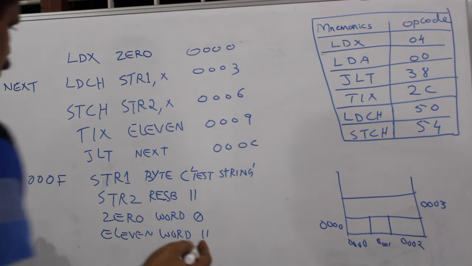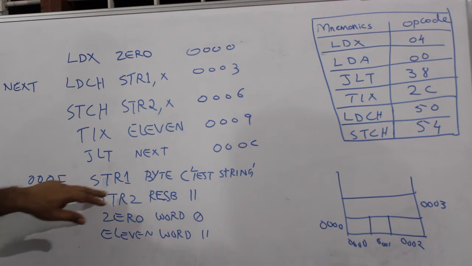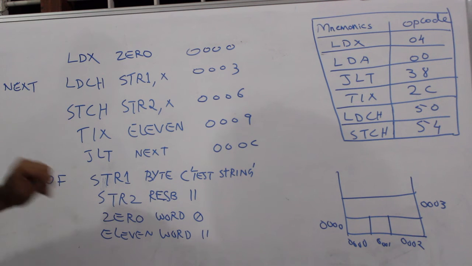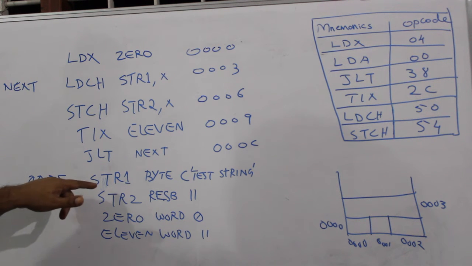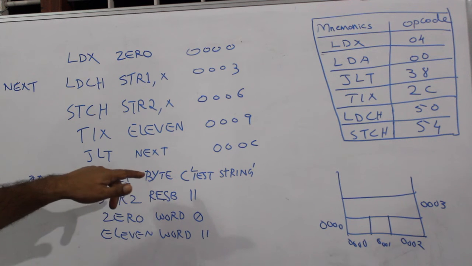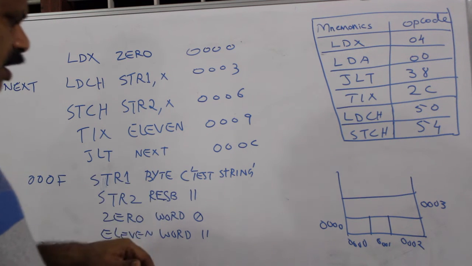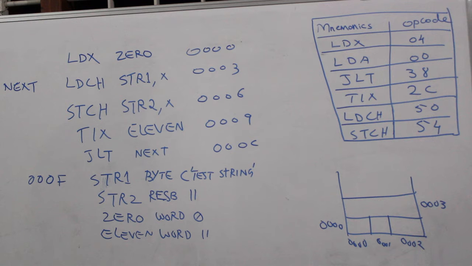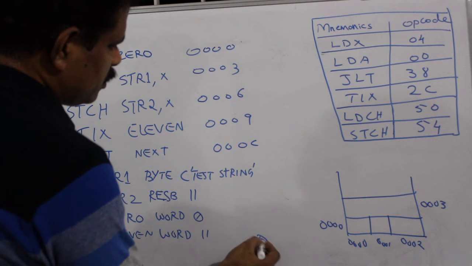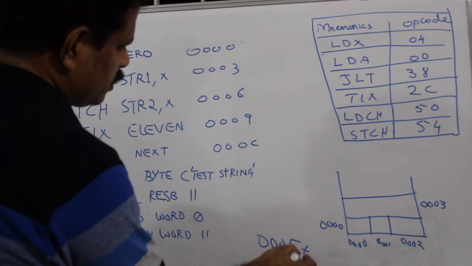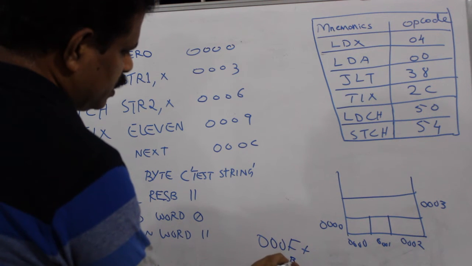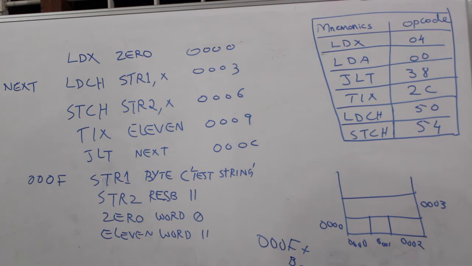Then next, what is the address of this variable? This will consume 11 bytes. Okay, so if you add 11 to 000F, what will you get? 000F plus 11 means 0B in hex. What is F plus B?